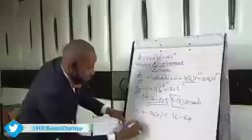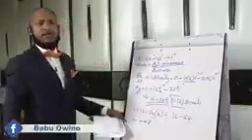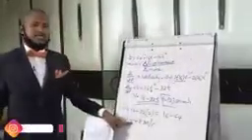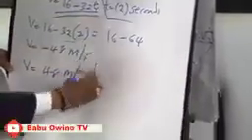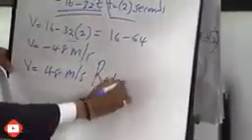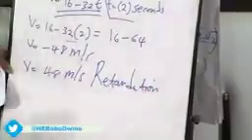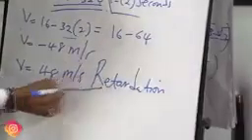So velocity is equal to minus 48. 16 minus 64 is minus 48 meters per second. But because it is negative, you write your answer as velocity equals 48 meters per second retardation, to take care of the negative, because he was slowing as he was going down. The velocity wasn't increasing. So it's retardation.